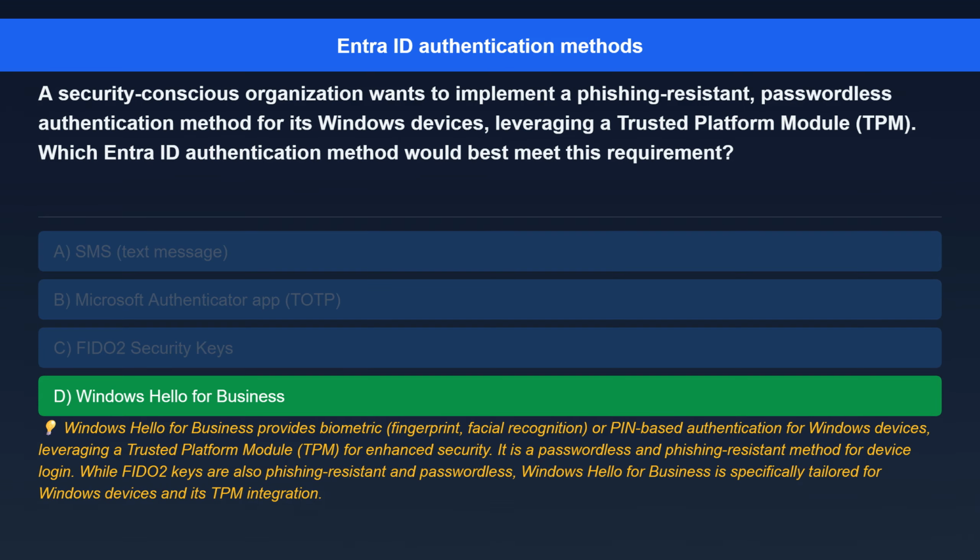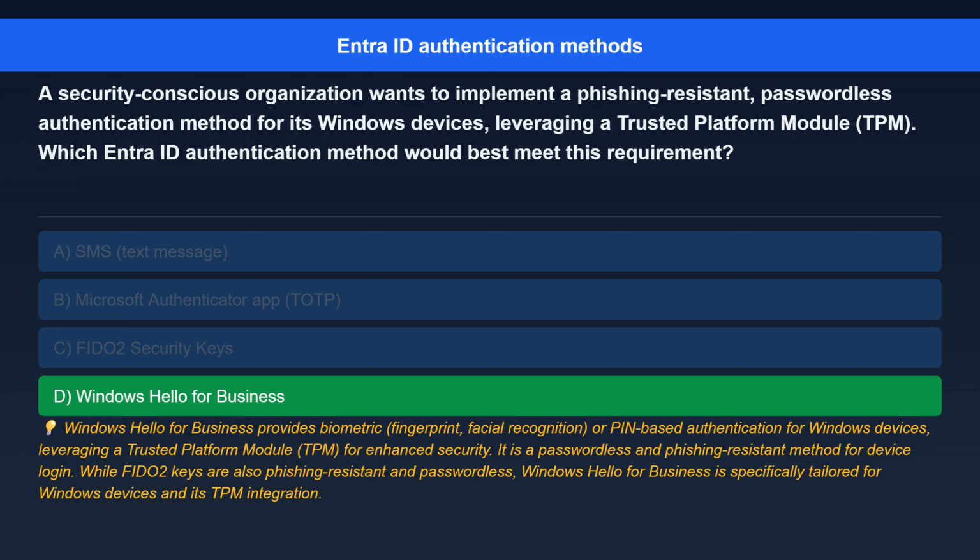The correct answer is Windows Hello for Business. Here's the explanation. Windows Hello for Business provides biometric, fingerprint, facial recognition, or PIN-based authentication for Windows devices, leveraging a Trusted Platform Module, TPM, for enhanced security.